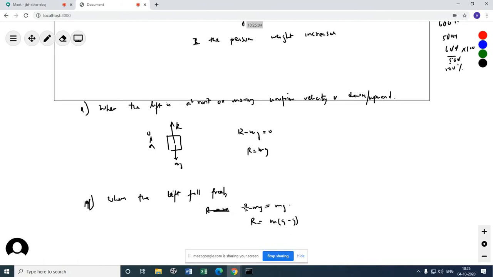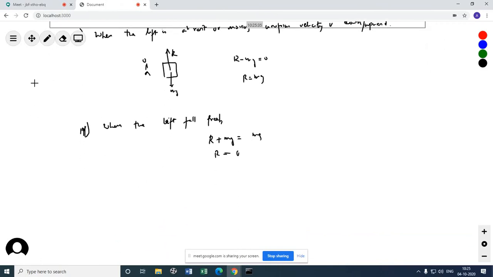It is falling freely, na? So the acceleration is which side? Downwards. So in that case, what do you think it would be? R plus mg is equal to mg, or R is equal to 0. So the apparent weight becomes 0.